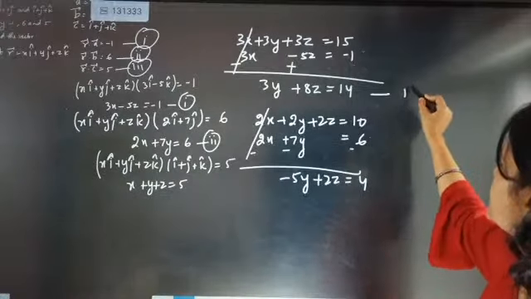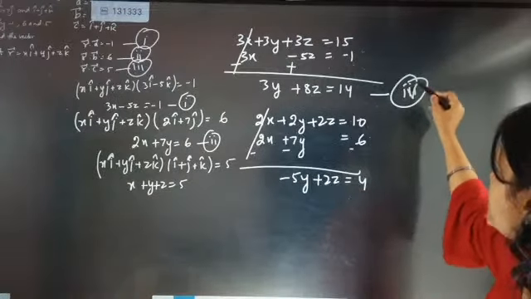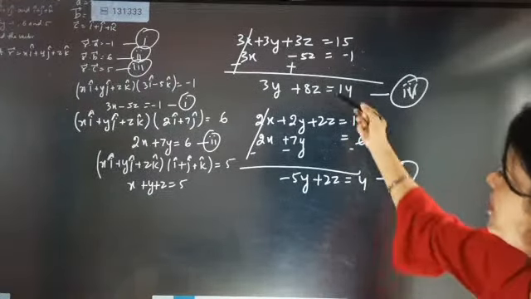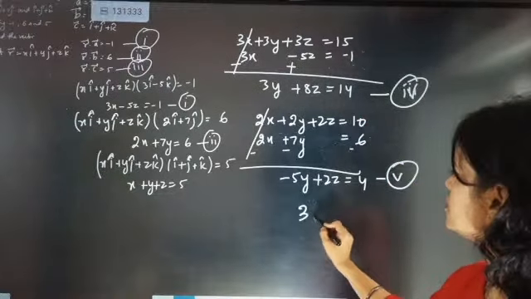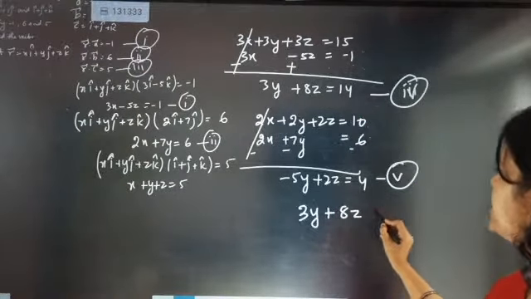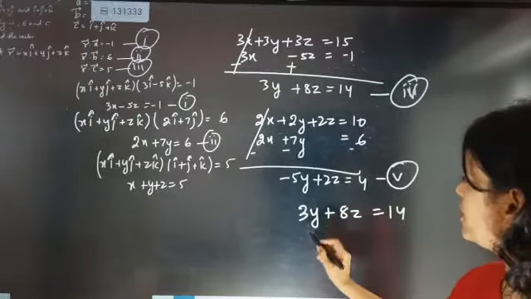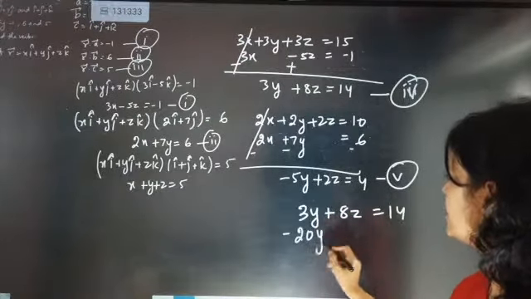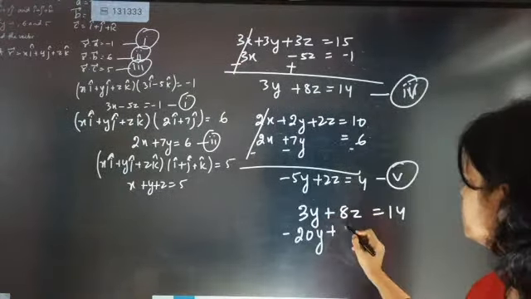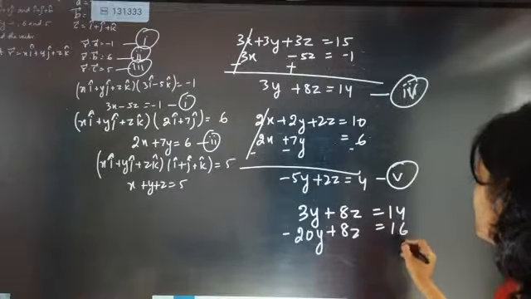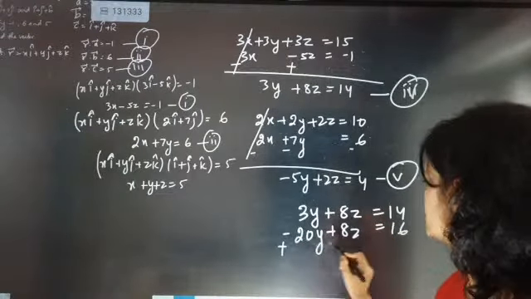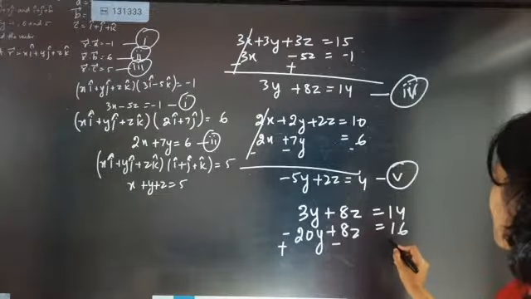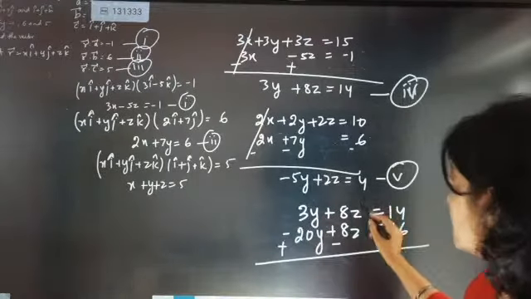Once we got the y and z form, take this as the 4th and 5th equations. Now I will multiply this one by 4. So 3y plus 8z equal to 14. Now here, 4 fives are 20, minus 20y plus 4 twos are 8z equal to 4 fours are 16. Minus, cancel.